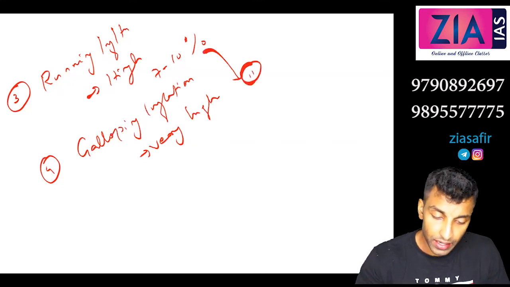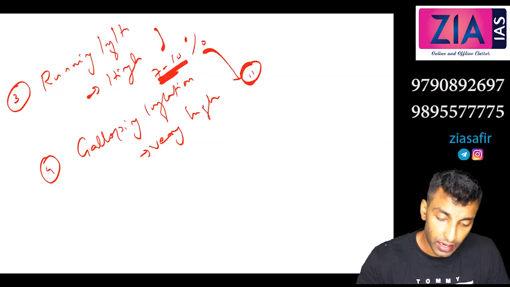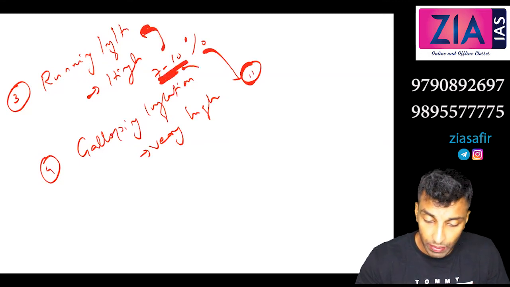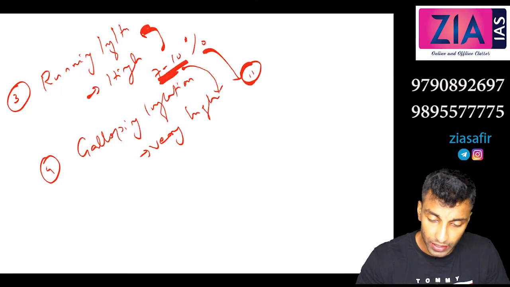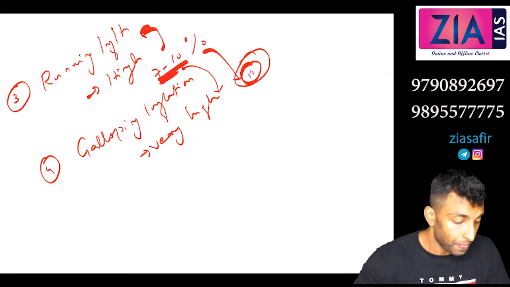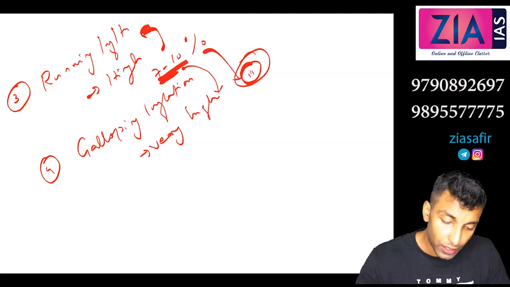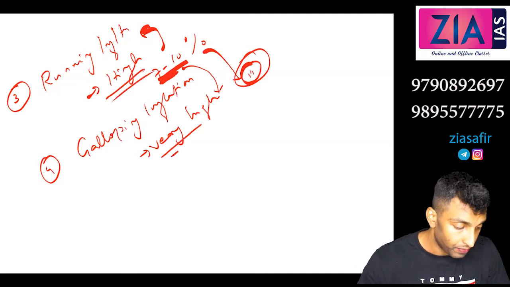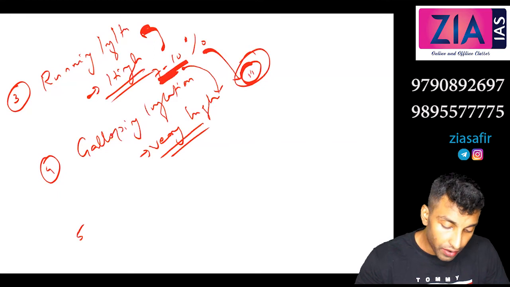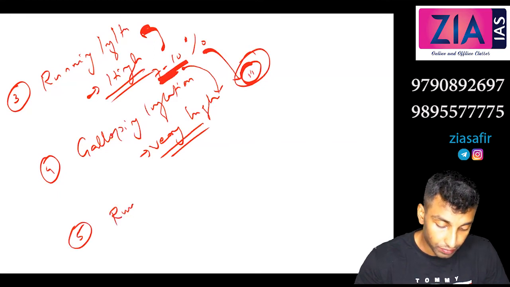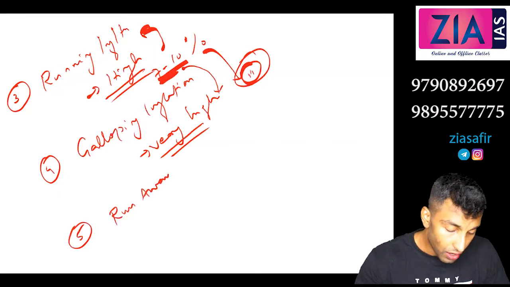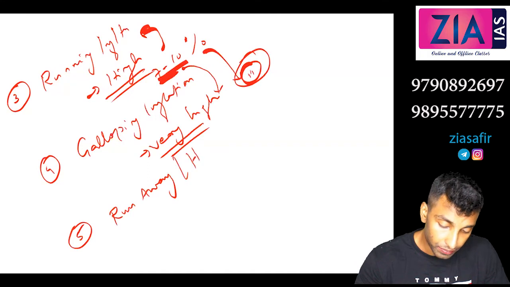For some countries 7 to 10 will come under running inflation, and for some countries this will become galloping inflation. So I am keeping the same percentage here. Here it is better to say high and very high. Now one more is there, runaway inflation, or hyperinflation.